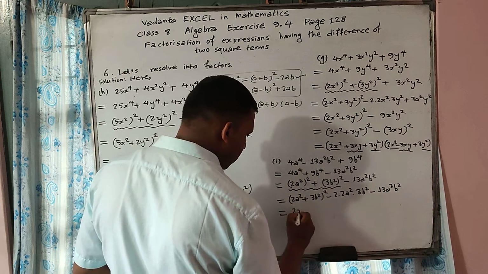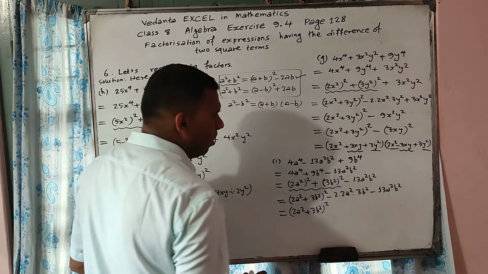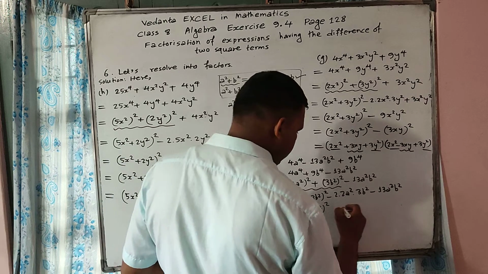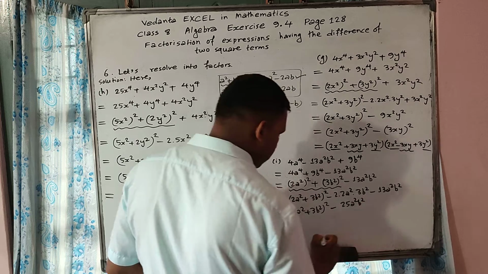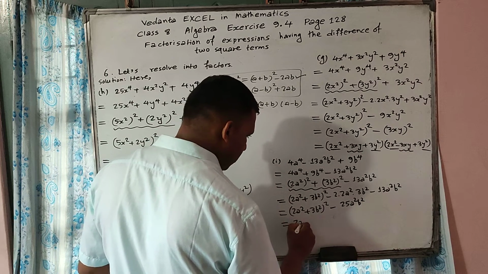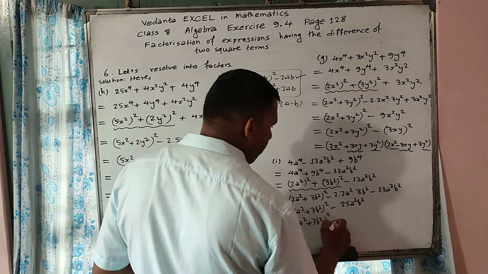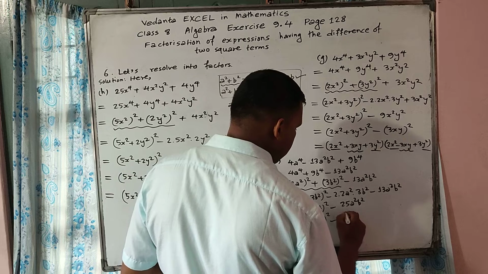This is equal to (2a square plus 3b square) whole square. Now negative 2 times 2 is 4, 4 times 3 is 12, minus 12 minus 13 becomes minus 25a square b square. This equals (2a square plus 3b square) whole square minus 25a square b square, that is (5ab) whole square.